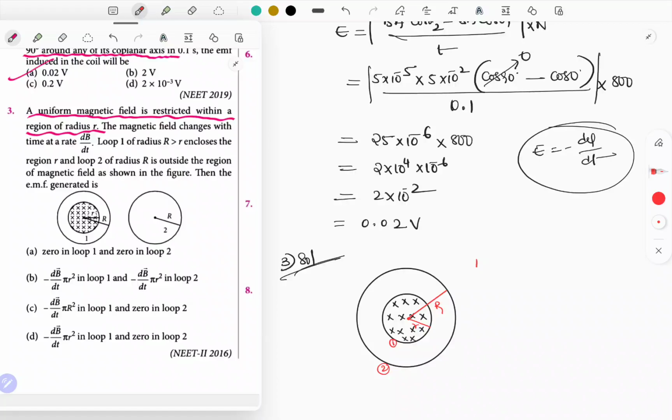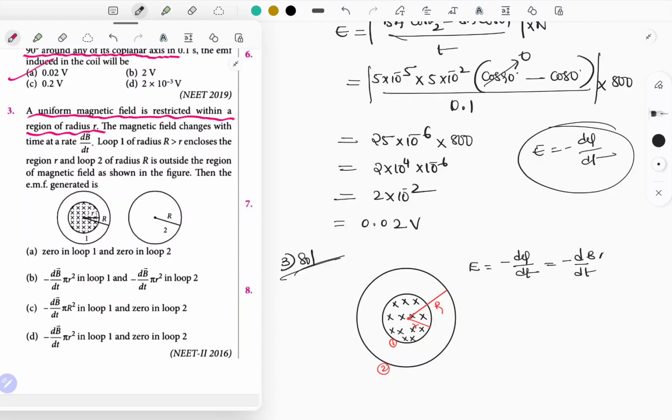Induced EMF. So the induced EMF formula is minus d phi by dt, where phi is equal to B into A, that is minus d by dt of BA cos theta. Here the area vector and magnetic field both are in the same direction. Here the cross represents the magnetic field is into the board, so the area vector is also into the board.